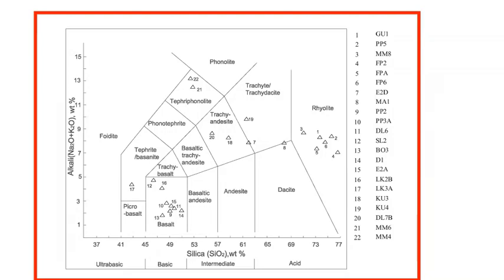We did the REE and trace elements, but here I am just giving one major element diagram, a TAS diagram, where the dikes show a varied composition: from rhyolite to basalt, tephriphonolite, trachyandesites, trachytes. There are some beautiful trachyte dikes there.